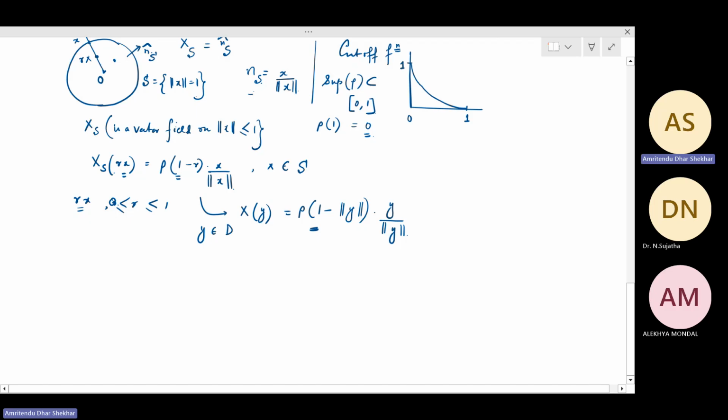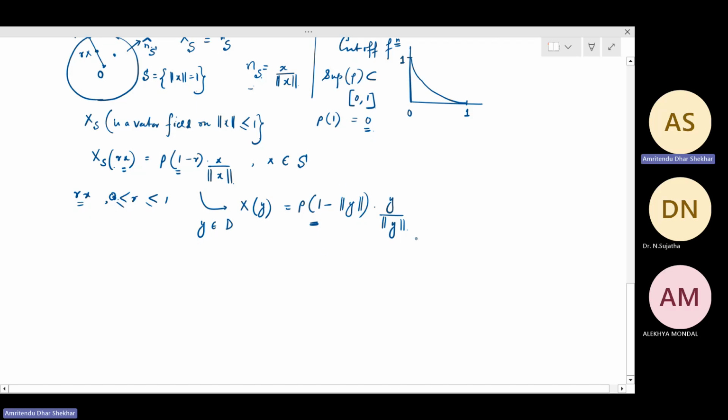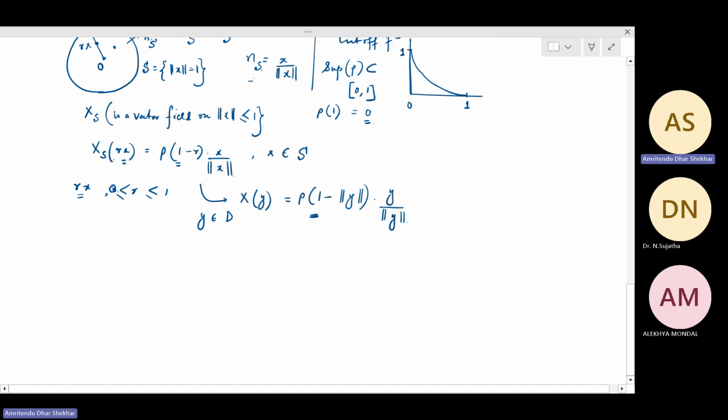And if you take this vector field, essentially what my theorem tells you is that now if I do divergence of rho of 1 minus |y| times y by |y|, if I do divergence of this over the unit disk, then I will basically get the surface area of the unit sphere.